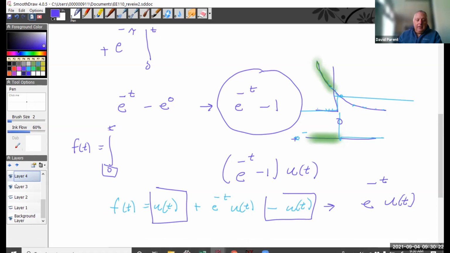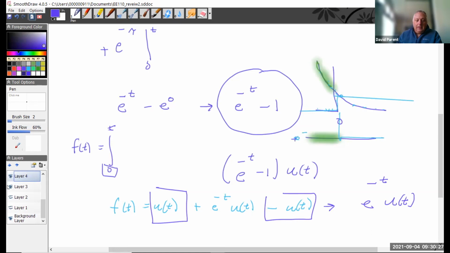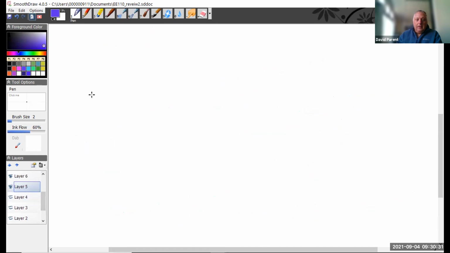Where this really comes from is if I have a step function, I have this, and this is VC, and this is VR.